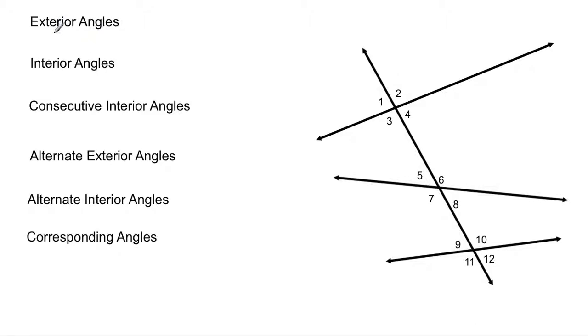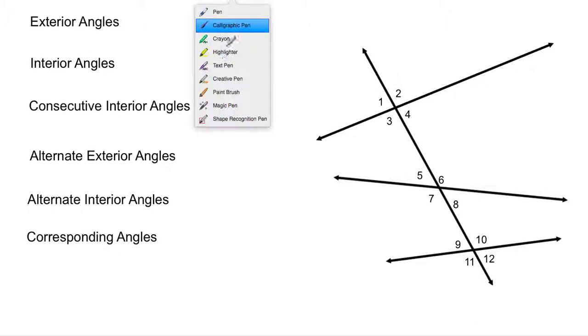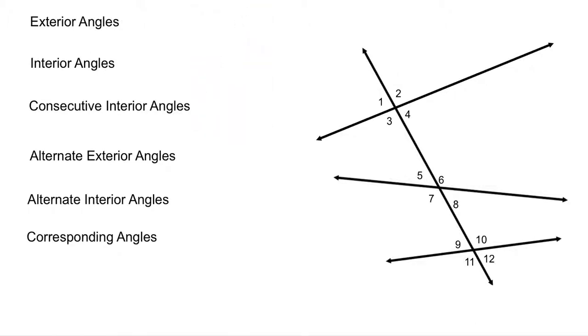Exterior angles. So this is the one transversal here, and it cuts through these 3 lines. So this is just a bigger house, if you go with that same example I had before.